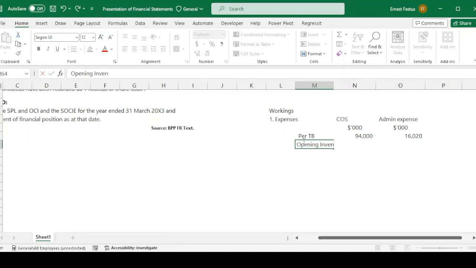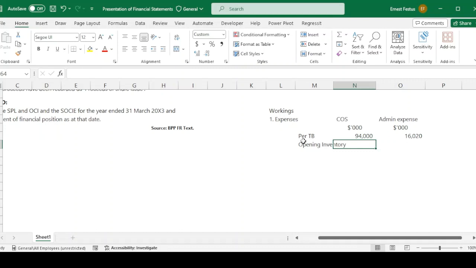So this is a way of doing your work, making it very simple for yourself. I have my opening inventory, and that is 4852 as given in our trial balance. And for admin, we don't have anything like that.